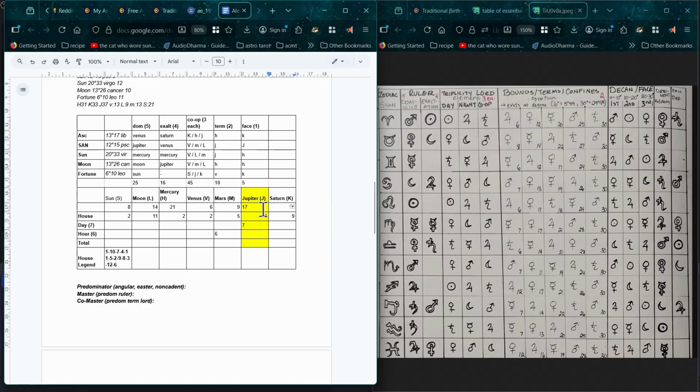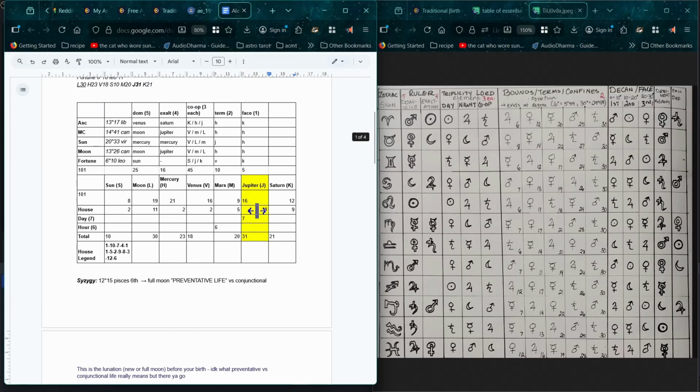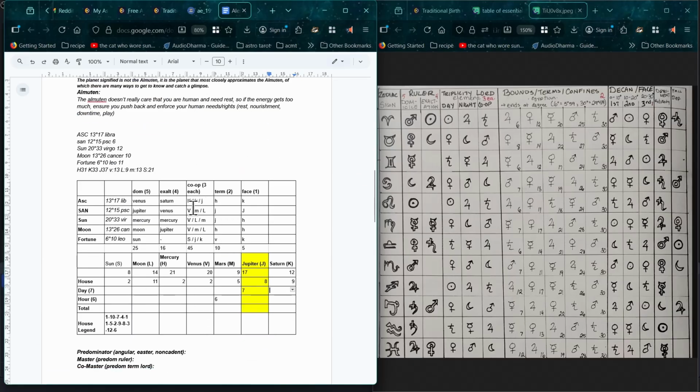This was Venus, Mars, Luna, and this is Venus, Mars, Luna, so no changes.